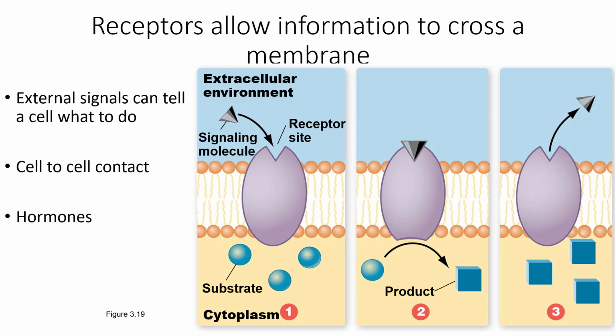Now, this can be something like cell-to-cell contact. Cells that are in contact with each other are giving each other signals, saying, hey, I'm here. Oh, you're here? That changes what I'm going to do on the inside. We also have hormones, which we'll cover later on. These are going to need receptors for cells to be able to know that a hormone is present. That is how information can be taken up by a cell, through the cell membrane.